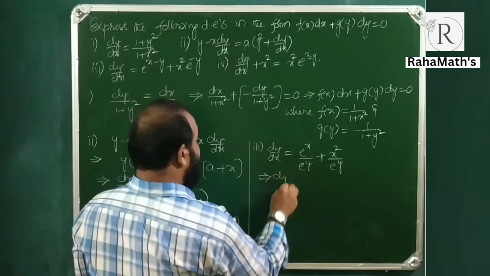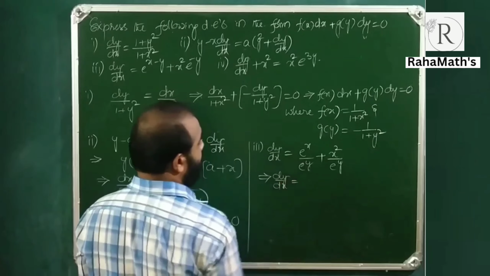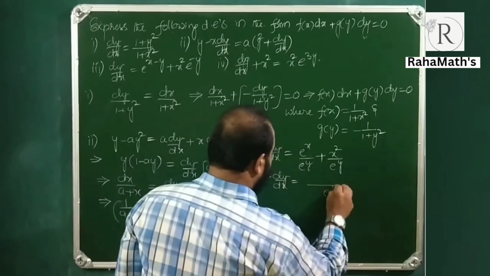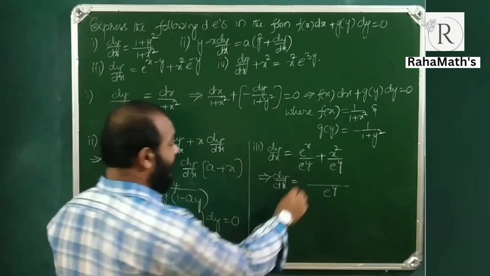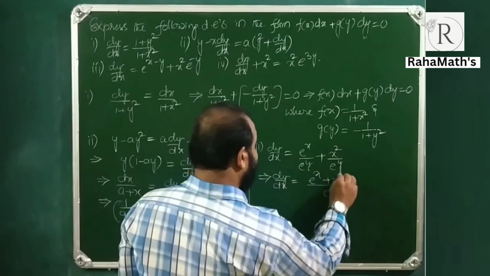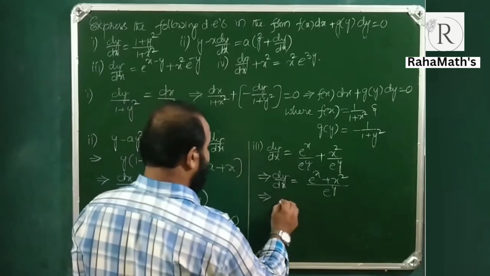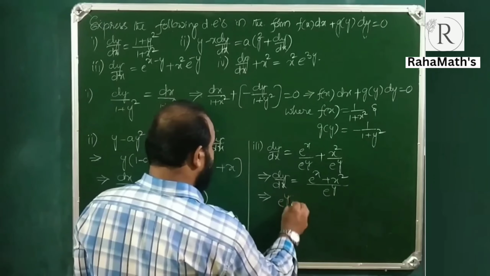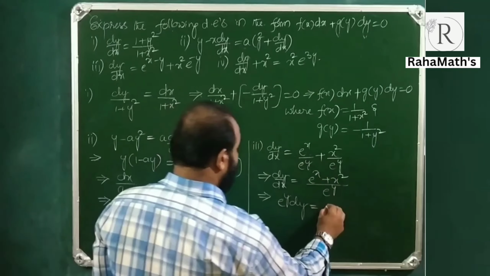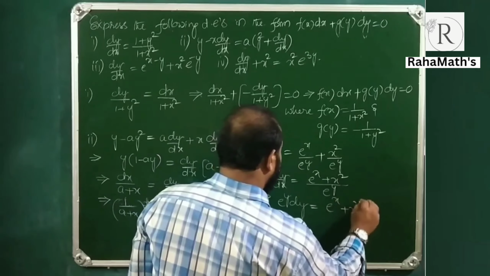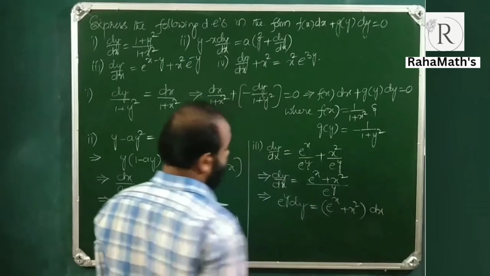Taking e power y as the LCM, dy by dx equals (e power x plus x square) by e power y. If you cross multiply, e power y dy equals (e power x plus x square) dx.